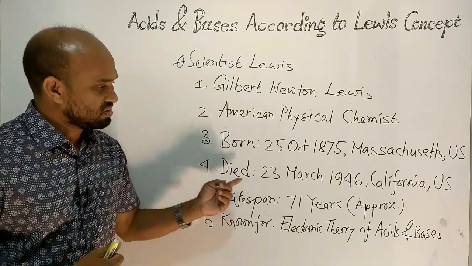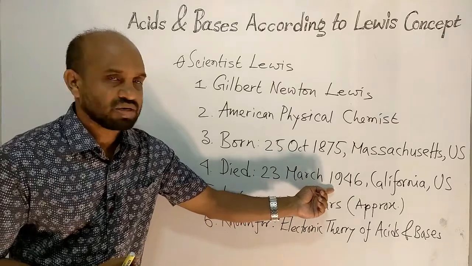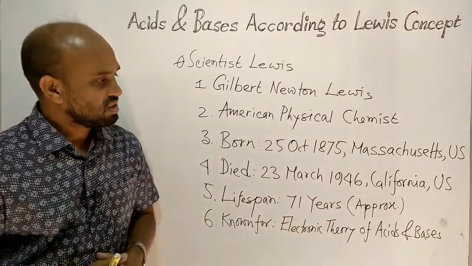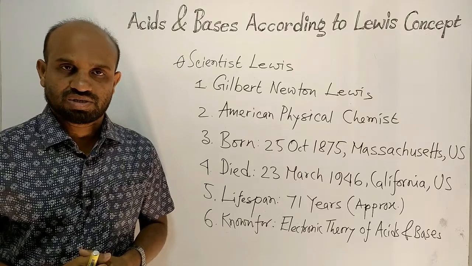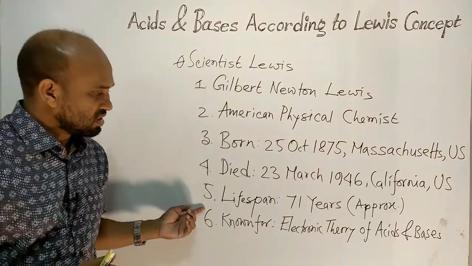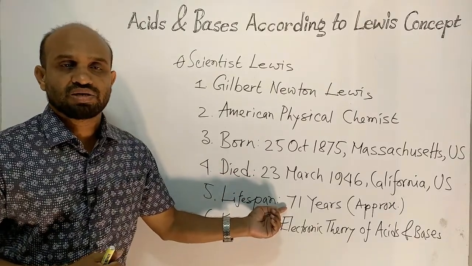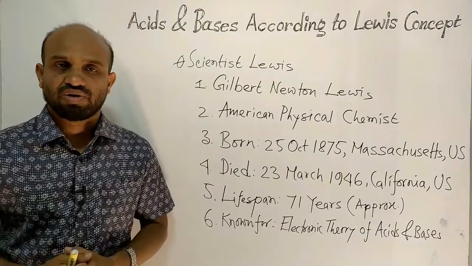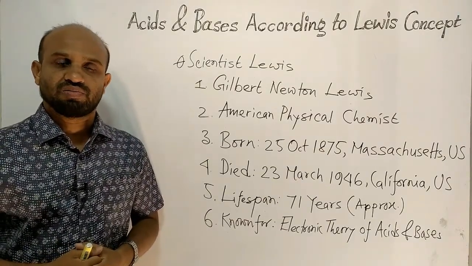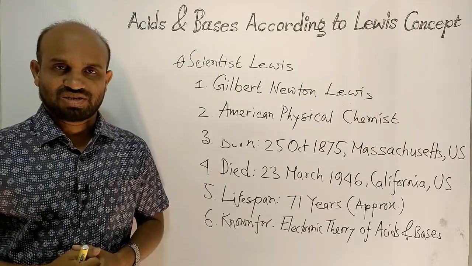He died on 23rd March in 1946 in California of USA. His lifespan was 71 years approximately. He was known for the electronic theory of acids and bases. Let's see the next point.